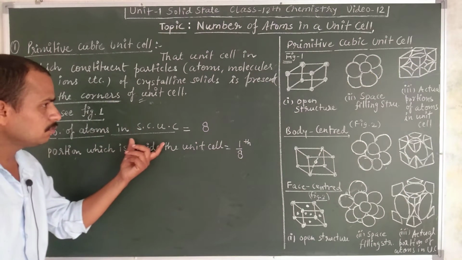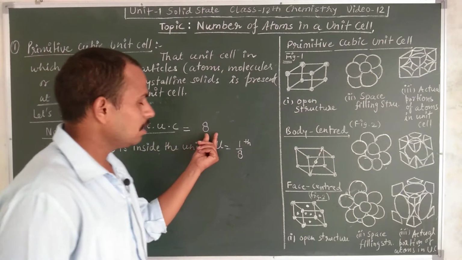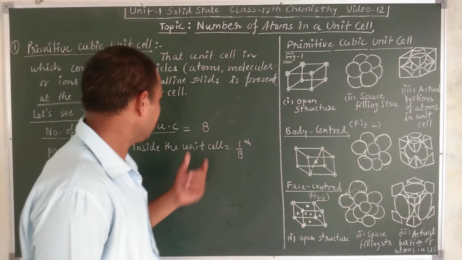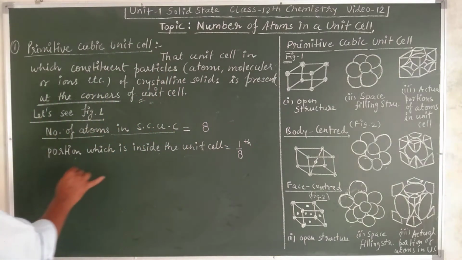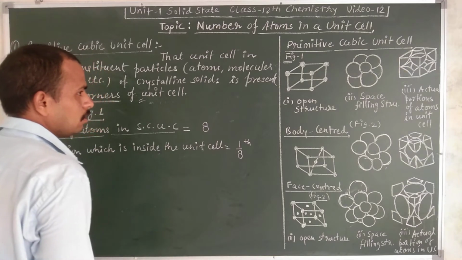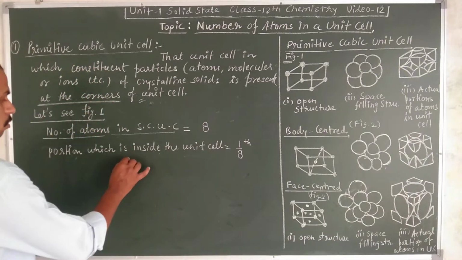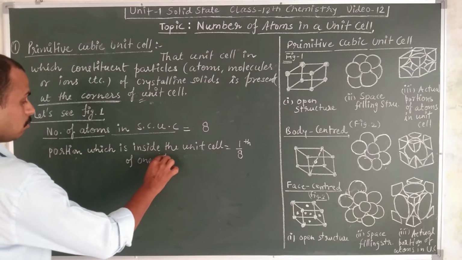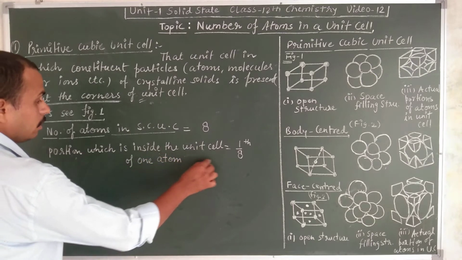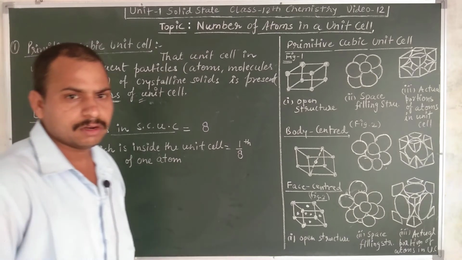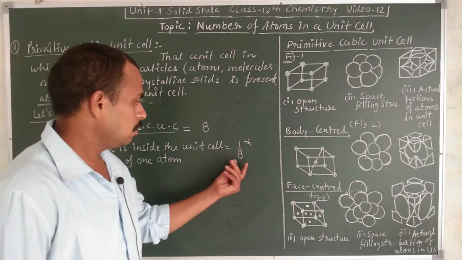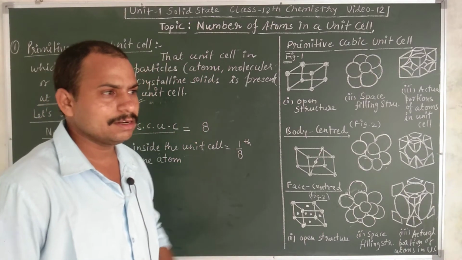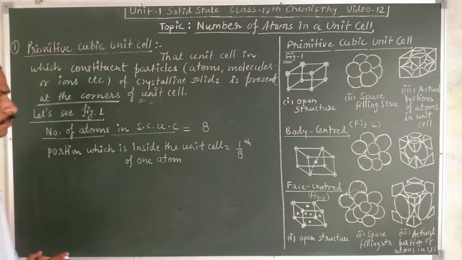Total number of atoms in a simple cubic unit cell, there are 8. The portion which is inside the unit cell of one atom, this is 1/8 part inside the unit cell of the one atom.